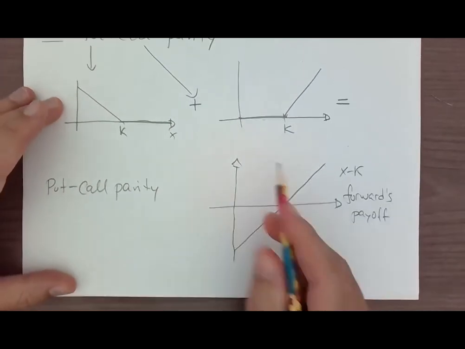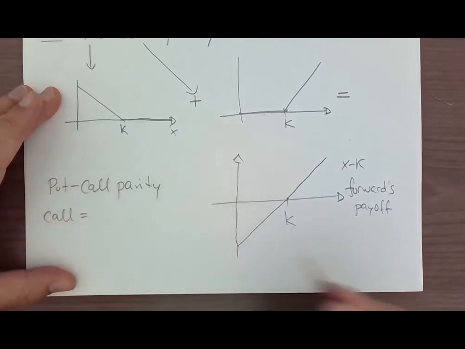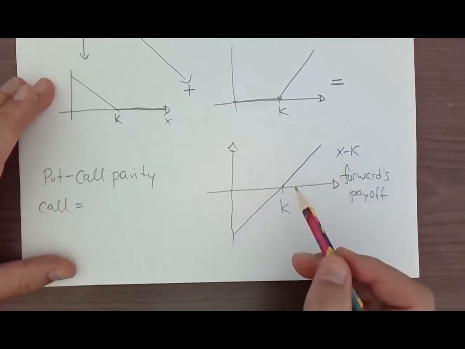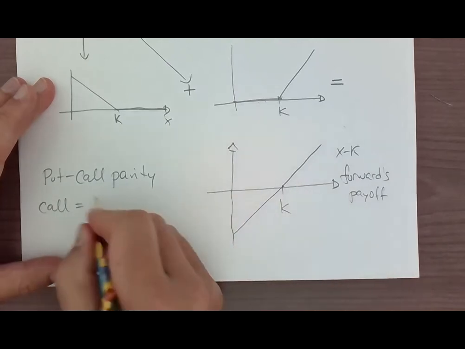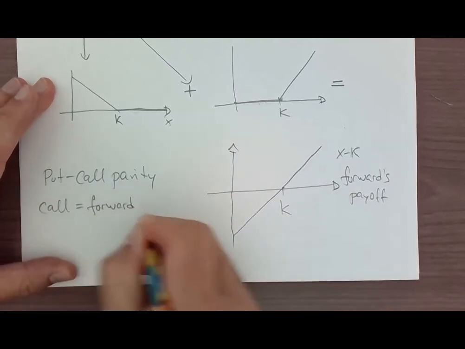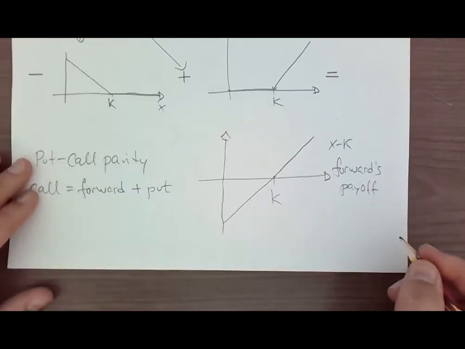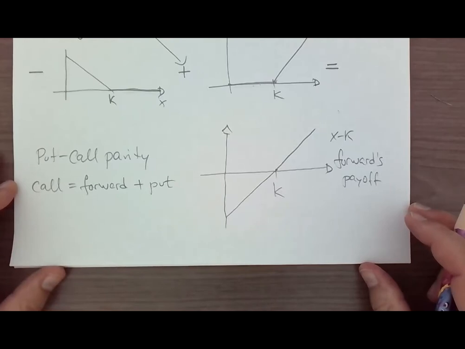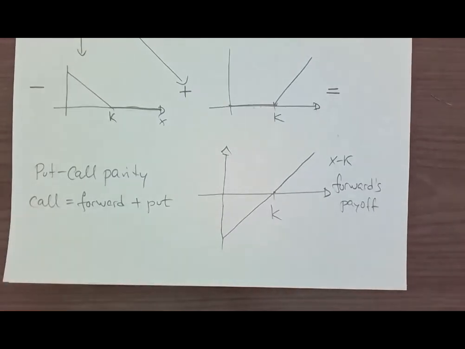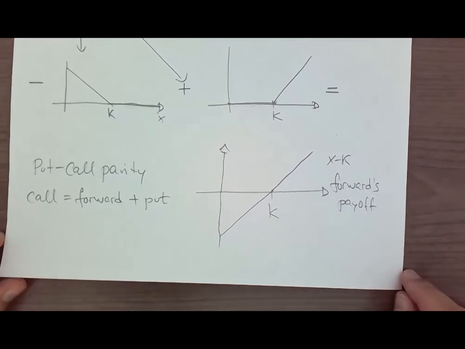You're going to get that the call is equal to the forward plus the put. Does that make sense?